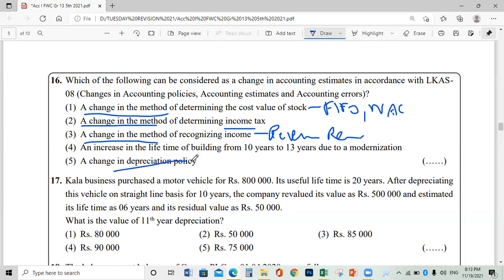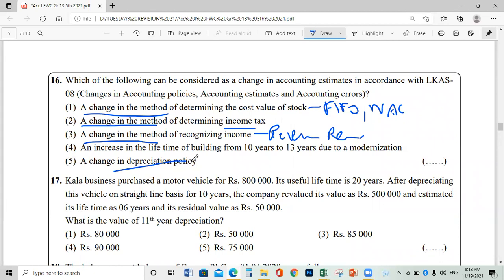Now here, depreciation policy. There are different ways to calculate depreciation. Some businesses follow full depreciation in the year of purchase and 0 in the year of disposal. Some businesses allocate based on the number of months.